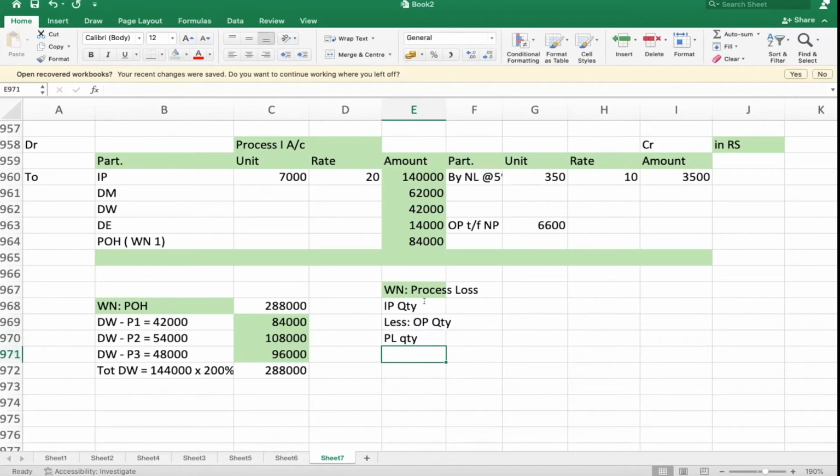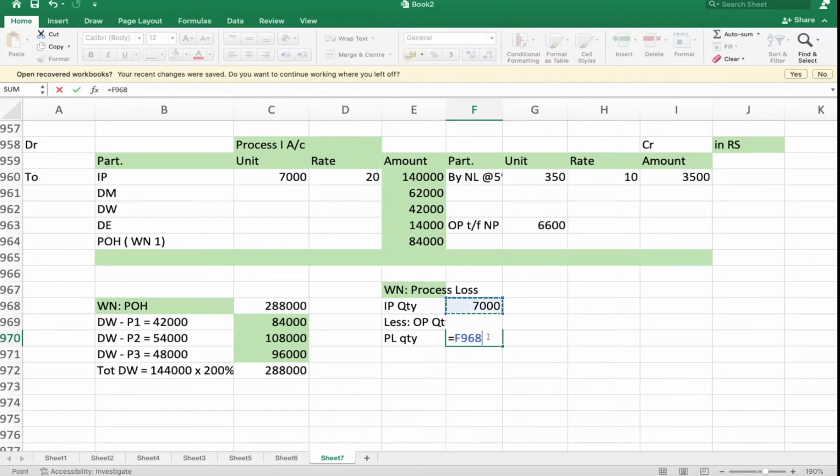Can you please repeat what minus what is equal to process loss quantity? Input quantity minus output quantity is equal to process loss quantity. We have given input of 7,000 quantity, am I right? Yes, sir. But we got output of 6,600 only. Therefore, how much loss happened? 400 units.